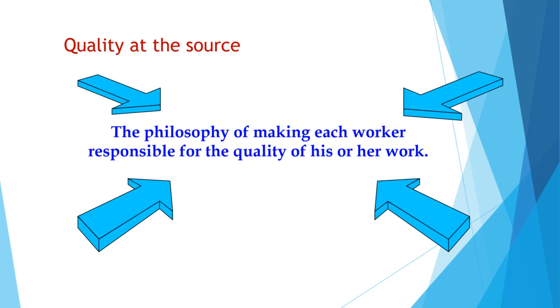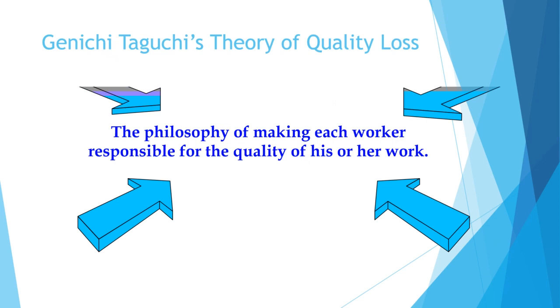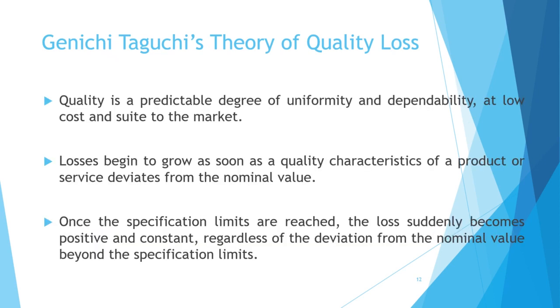Quality as a source. The philosophy of making each worker responsible for the quality of his own work makes the quality of the final product. And Genichi Taguchi's theory of quality loss. The Taguchi loss function is a graphical depiction of loss developed by the Japanese business statistician Genichi Taguchi to describe a phenomenon affecting the value of products produced by a company.